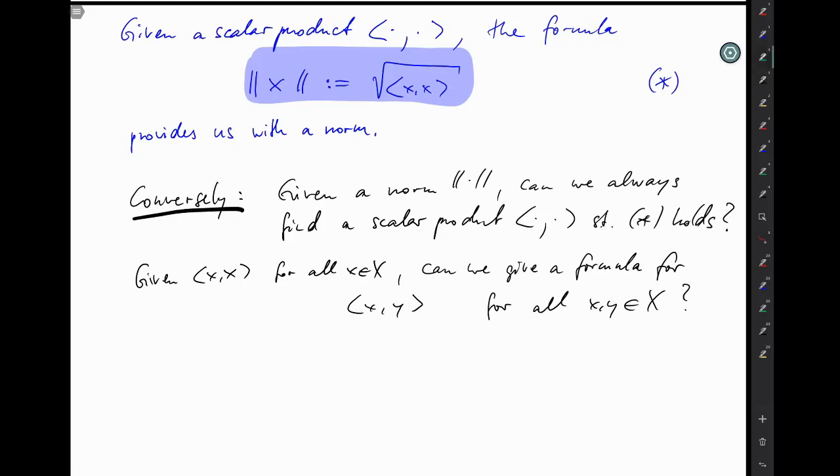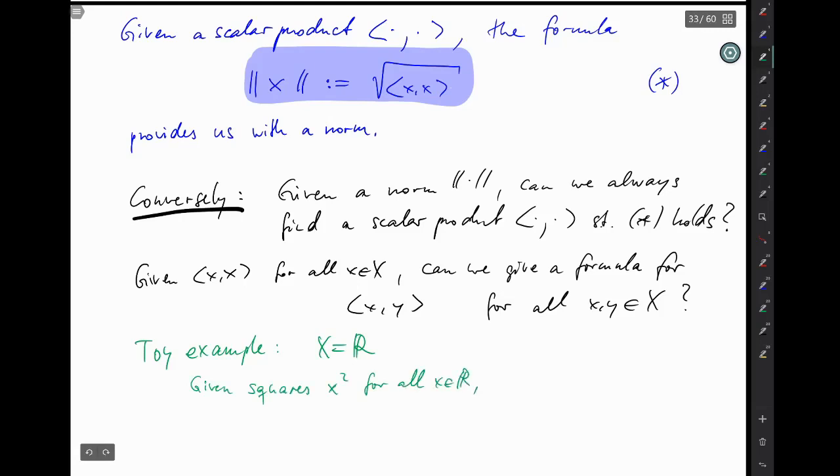When someone asks you such a question, it sometimes helps to look at the toy example. Let's say X is just the space of all real numbers with the usual structure. The scalar product is just the product. Then our question is, given squares for all real numbers x, how can we compute products x times y, where x and y are no longer the same, probably?